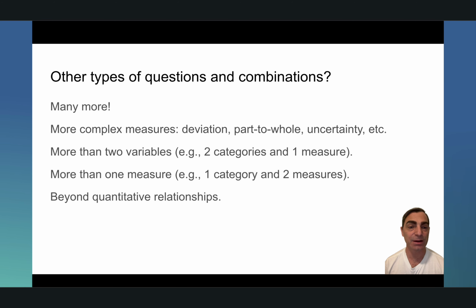So there are data sets out there that represent only relationships without having specific categories or measures. And much more than that. So it's important for you to know there are many other types of questions, many other types of combinations, but I still think that this basic model is a very useful initial model to start thinking about what are typical classic types of questions you can ask to a data set and that you can answer with data visualization.